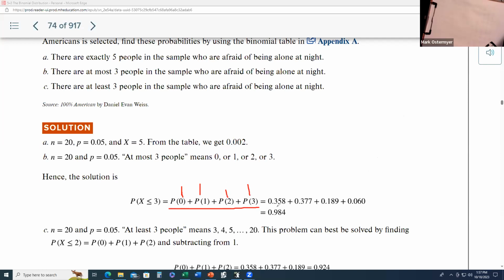If you were to bring your binomial PDF function up 4 different times, each time letting n be 20 and a probability of success being 0.05, where your x would just have to change each time from 0 to 1 to 2 to 3, you would crank out these binomial probabilities. You add those together, you'd get 0.984. So there's about a 98% chance that when you randomly select 20 Americans, at most 3 of them will be afraid to be at home alone at night.